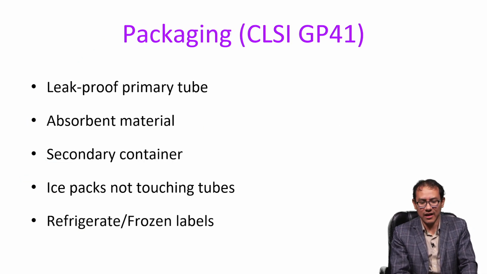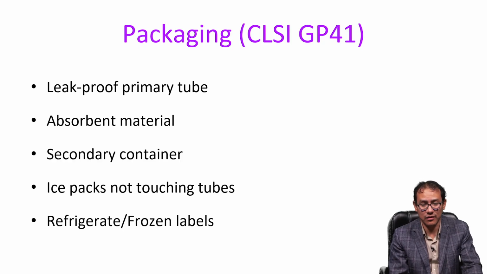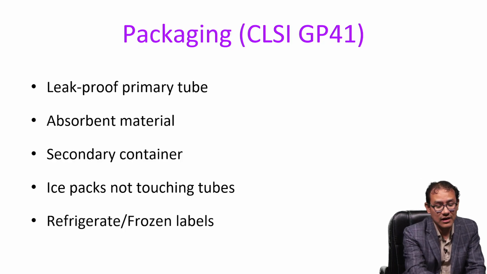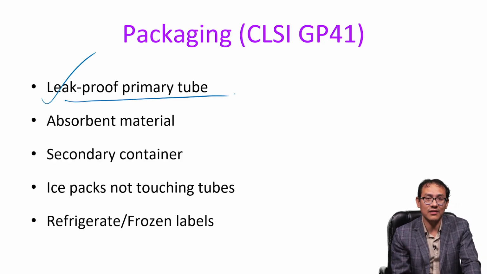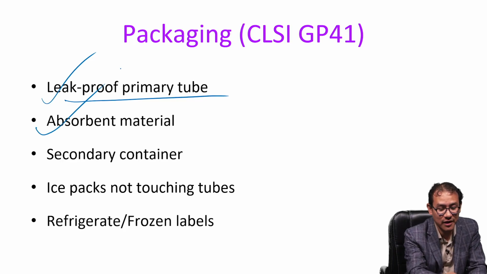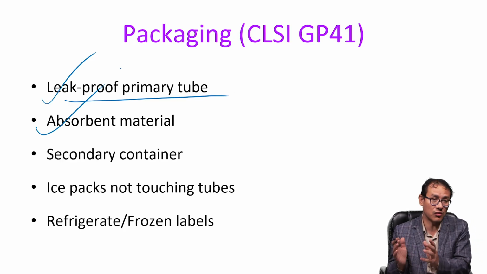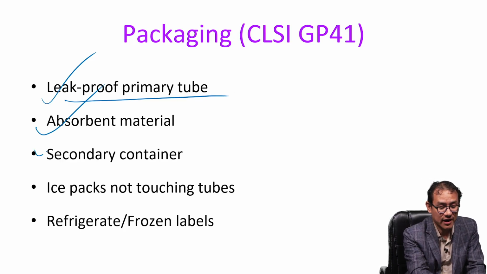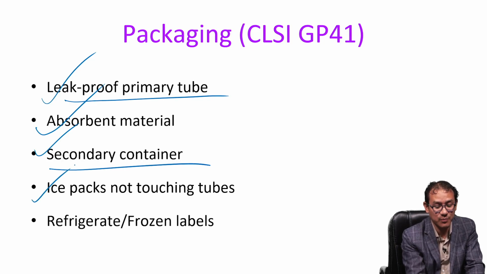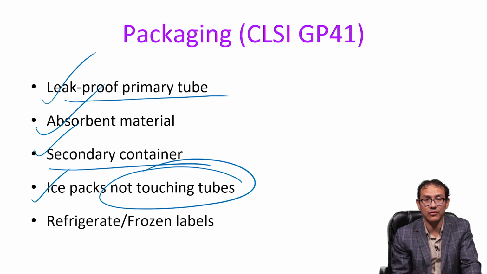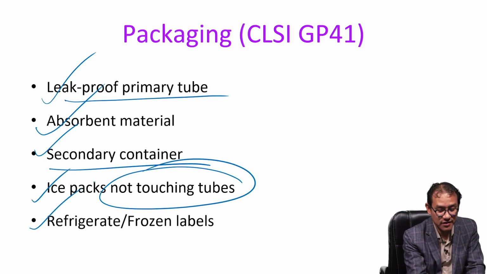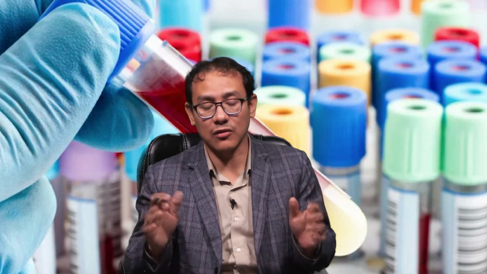Packaging, like the CLSI GP41 guidelines, you have to understand. The primary tube must be leak-proof, leakage should not be there. Absorbent materials may be there. A secondary container may also be required. The ice pack should not touch the tube directly. Refrigerated or frozen labels are also there.